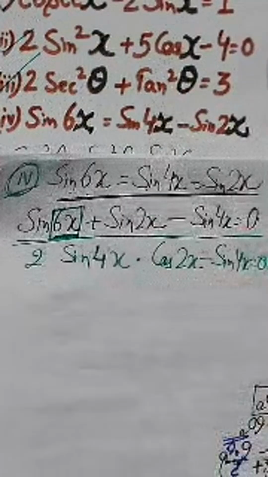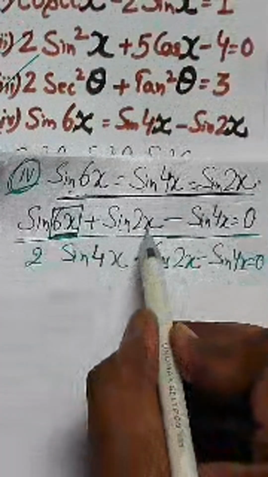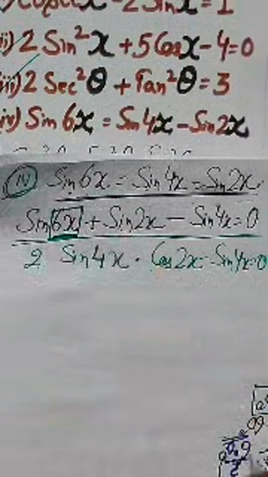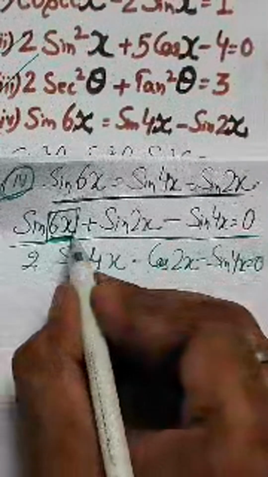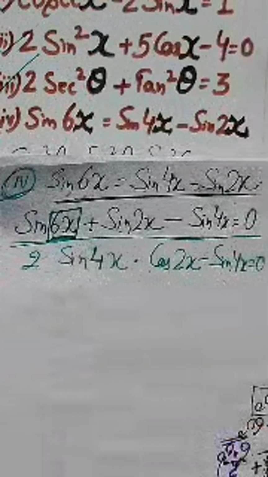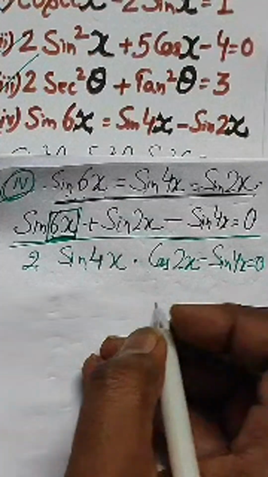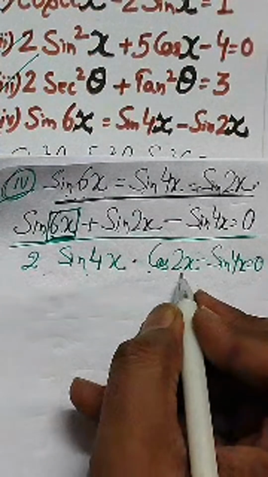Can we write it? Sine 6x plus sine 2x can be written as 2 sine 4x cos 2x. How? Because sine 6x can be splitted into 4x plus 2x, right? Right. Thanks for confirming.